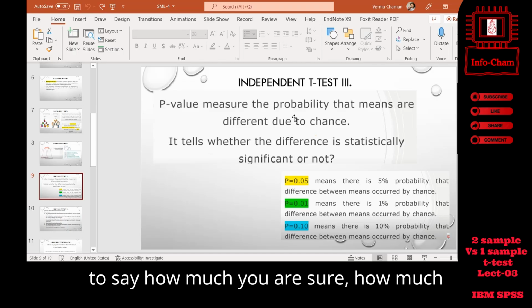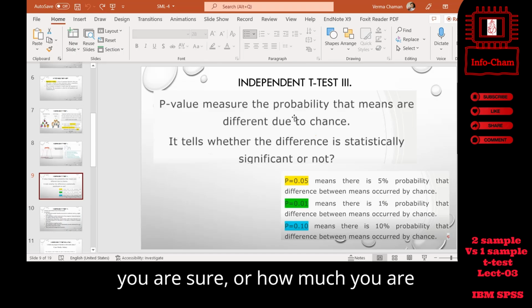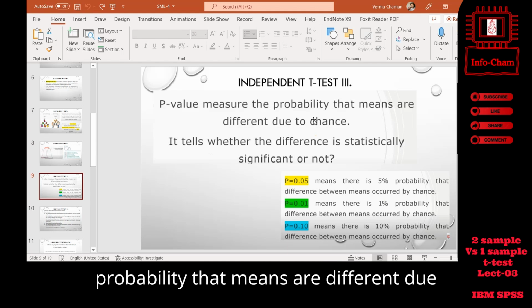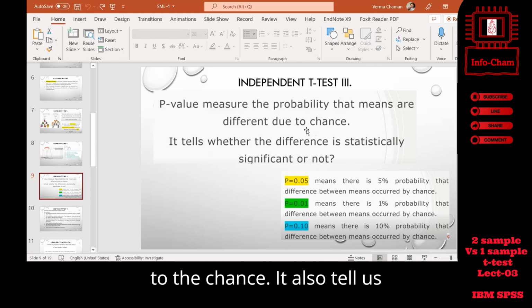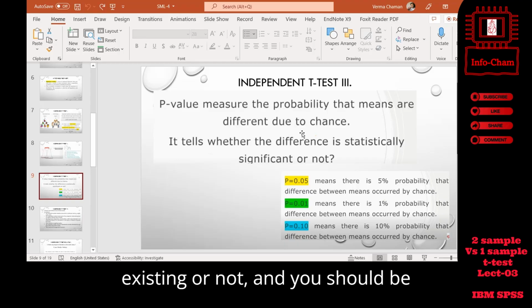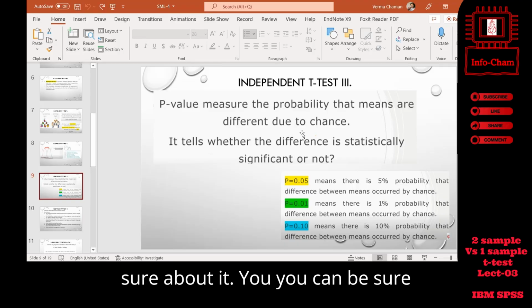Meaning to say how sure or how confident you are to prove that these results are okay. So the p value measures the probability that the means are different due to chance. It also tells us whether the difference really exists or not, and you should be sure about it.